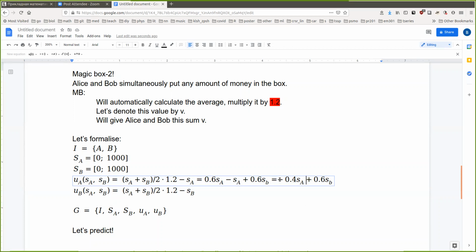Now I can clearly see what the first player is doing. The first player, player A, is choosing the value of SA. In a cooperative game, there may be some agreement with player B that, okay, I promise you to choose this if you choose that.